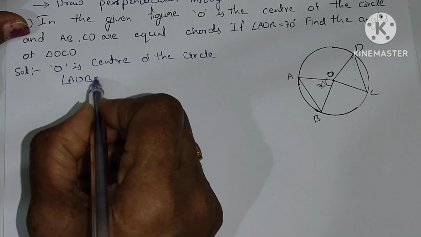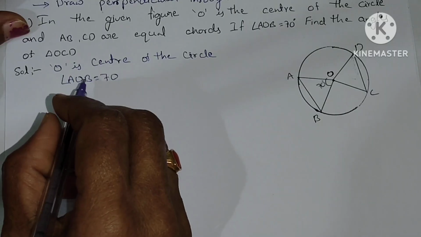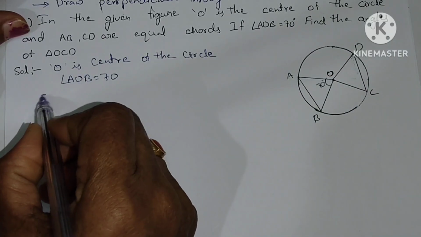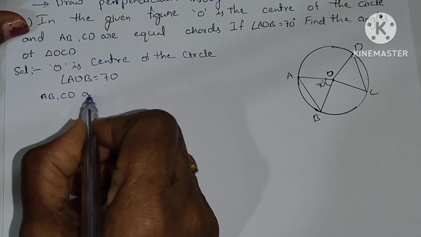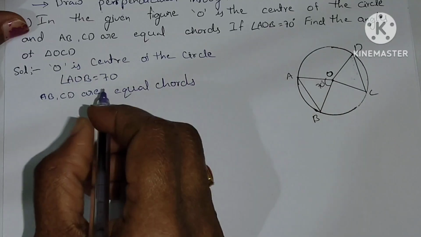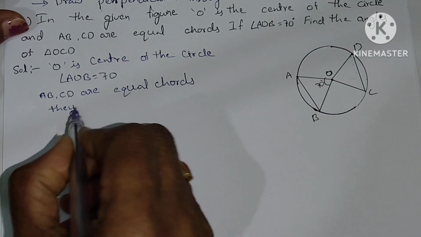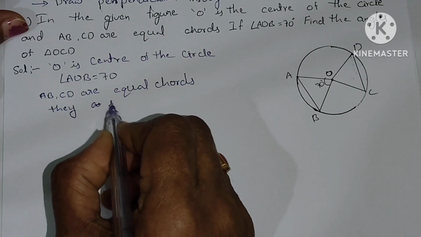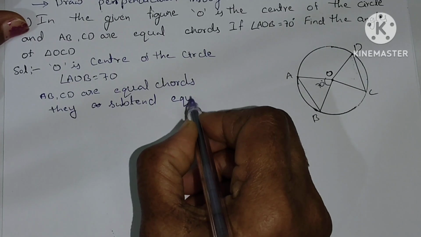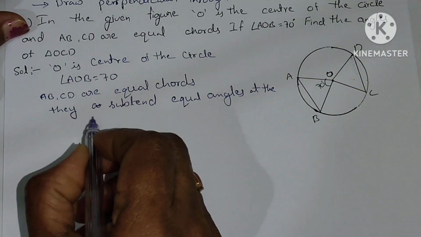AB and CD are equal chords, which means they subtend equal angles at the center.